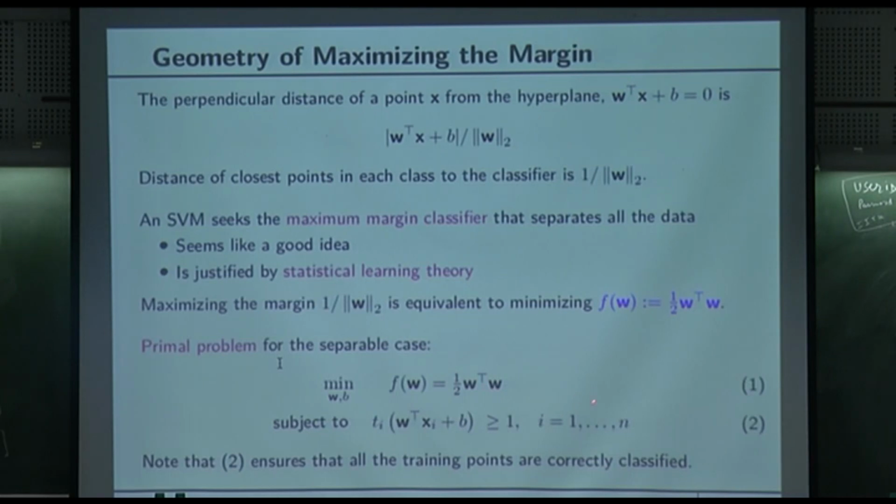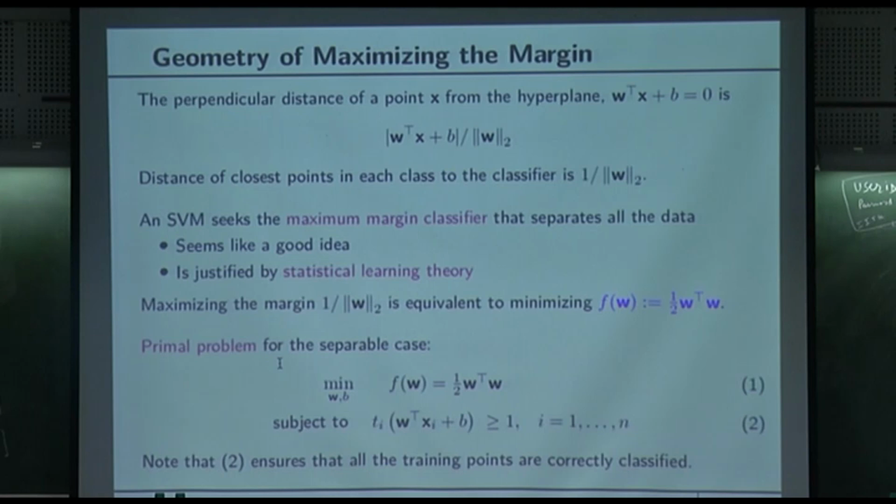Come on guys, you should be able to do this. This is quadratic. If you take a second derivative of a quadratic, it has to be a constant. So what is it? I. Identity matrix. Good. So this is a quadratic function. Its gradient is going to be W, because this half will cancel off the 2 in 2W, and its second derivative will be identity. Perfect. Good. And identity clearly is a positive semi-definite matrix. In fact, it's a positive definite matrix. Fine. So this is a great optimization problem, very simple to solve.